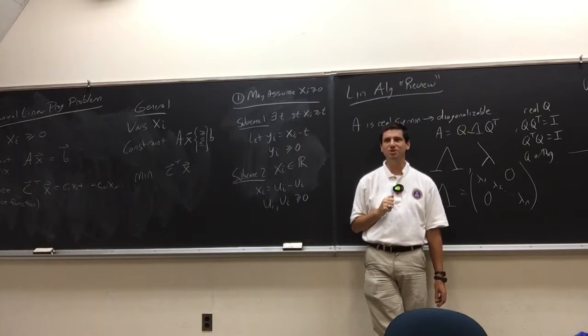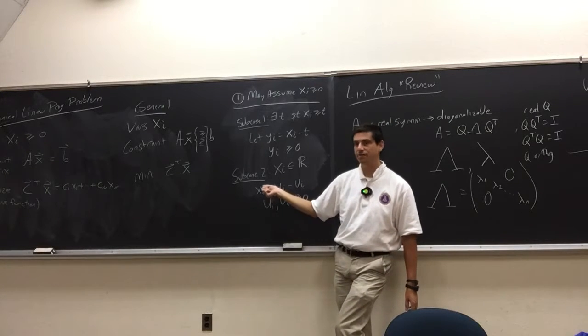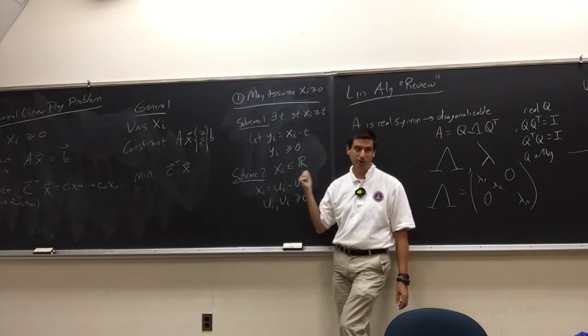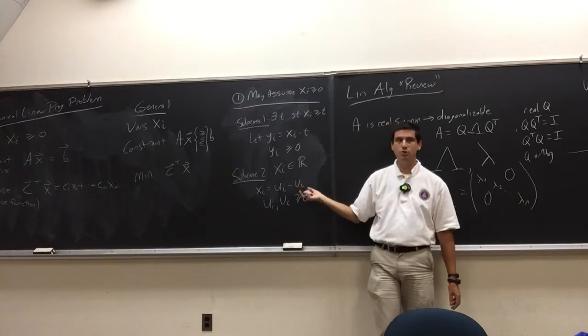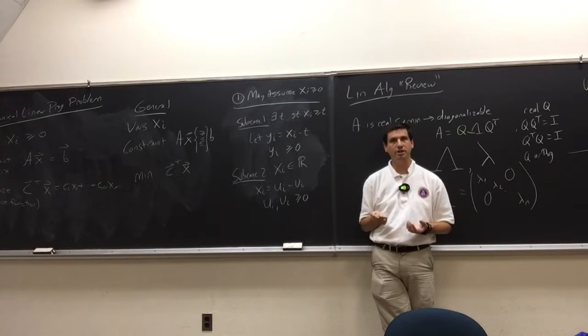We can write any real number as a difference of two non-negative numbers. If I want to write xi as -5, I can write it as 1 minus 6. I could also write it as 2 minus 7. So one of the problems here is we now have multiple representations of the same number. But this allows us to assume that all of our variables are non-negative.